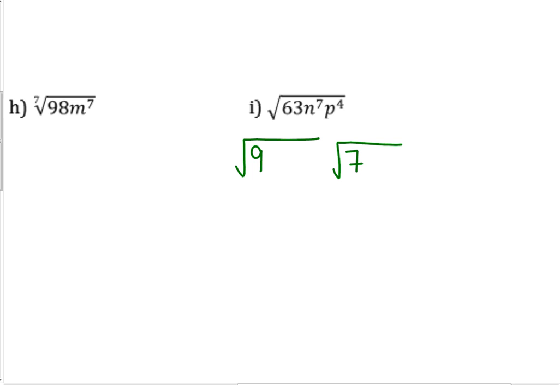We can square root 9, but we can't square root 7. So one set of brackets is going to be all the things we can actually square root, and the second is what we can't simplify.